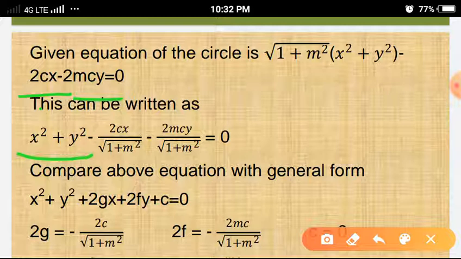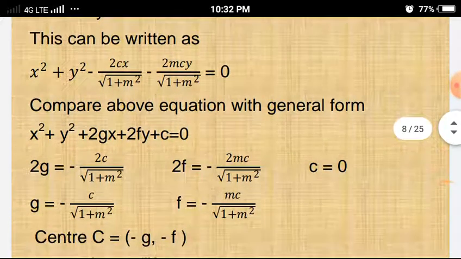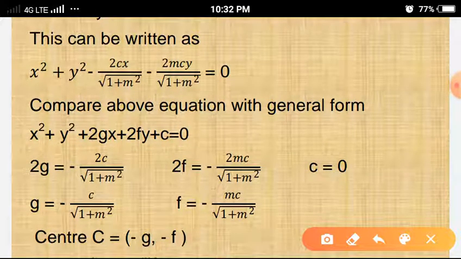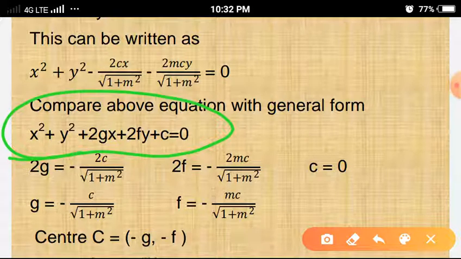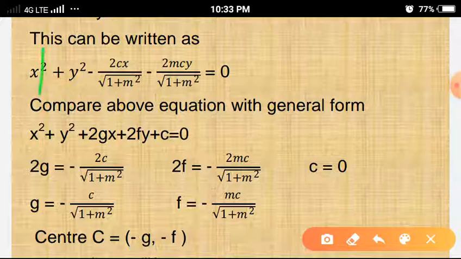Then we have to compare this circle equation with the general form. We know that the general form is x square plus y square plus 2gx plus 2fy plus c is equal to 0. By comparing x square coefficients, y square coefficients, x coefficients, y coefficients, we get all the values. X square and y square coefficients are same.